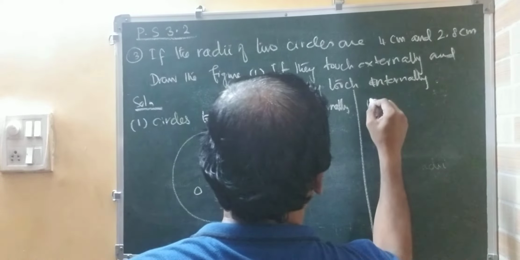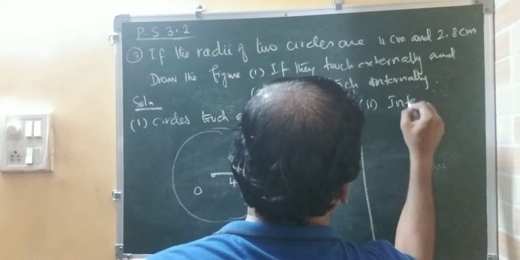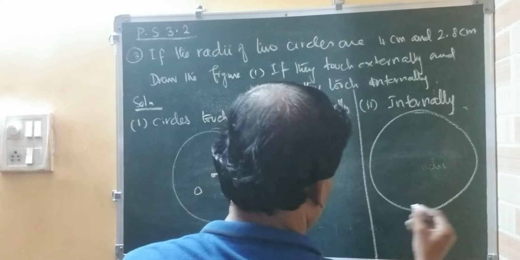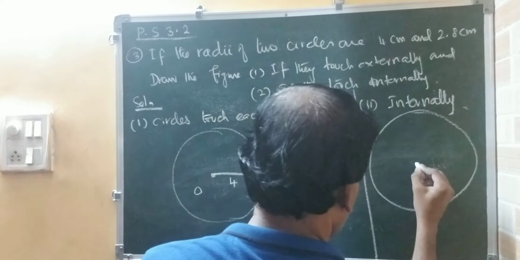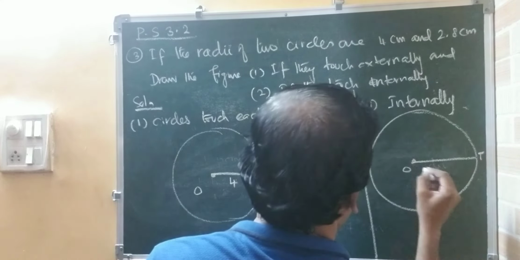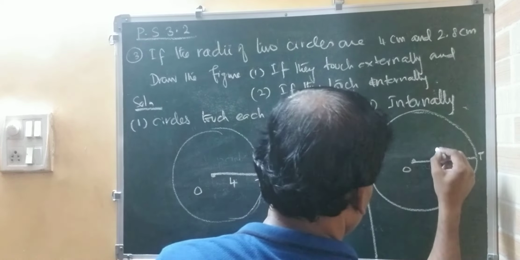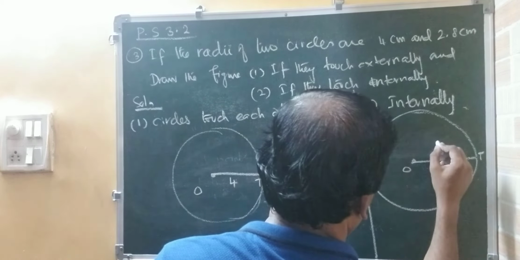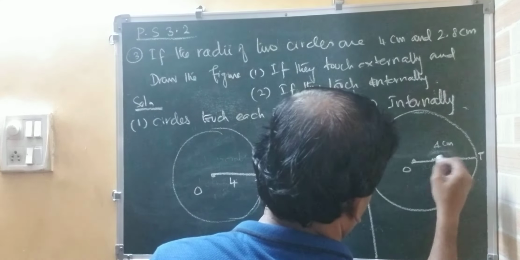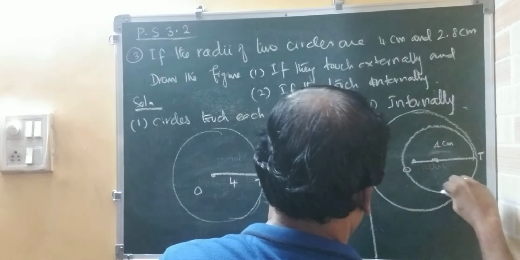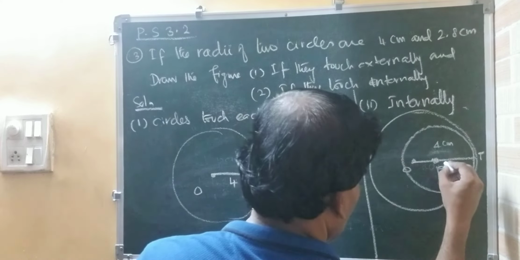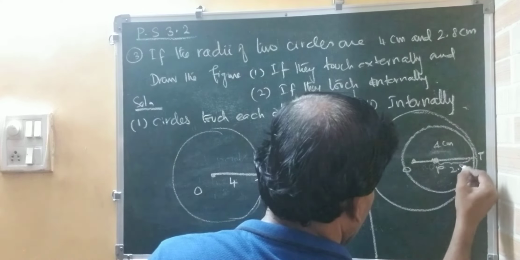If they touch internally, this is the bigger circle. The bigger circle has center O, this is T. What is the radius? 4. Now, this is the smaller circle, this is P. This is 2.8.